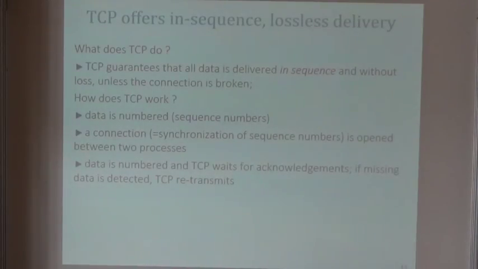If the application does a call to TCP to read the data, it can read 1, it can read 2, but that's all. It will not be able to read 4 and 5 because TCP must deliver things in order. It cannot deliver 4 because 3 has not yet been received. So it will hide away from the application data that is perhaps already received but is not in sequence.